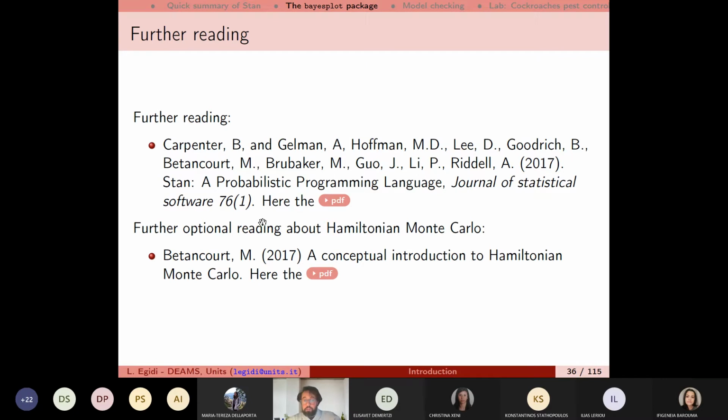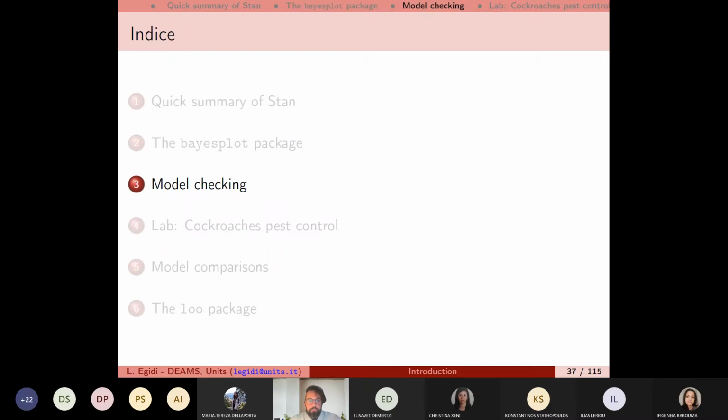And for those of you interested in the theory of Hamiltonian Monte Carlo, I suggest the paper by Michael Betancourt, A Conceptual Introduction to Hamiltonian Monte Carlo, which is very effective because it has a lot of graphics and plots guiding you in understanding Hamiltonian Monte Carlo. I put these papers in the further material folder that you find by downloading the lab folder from GitHub.